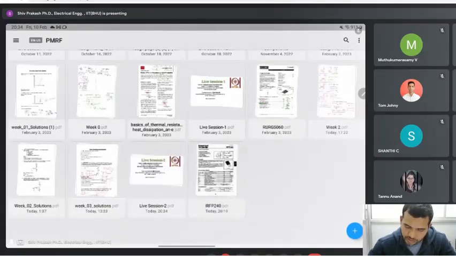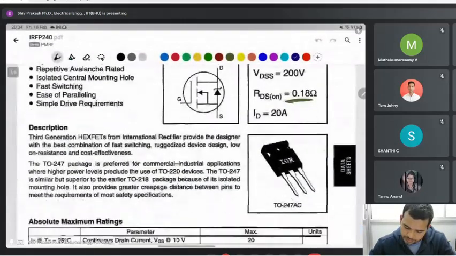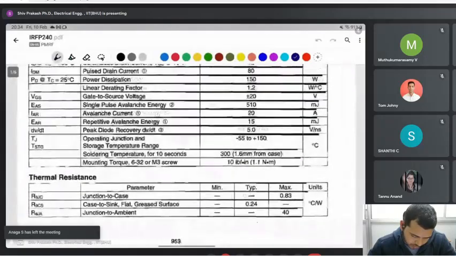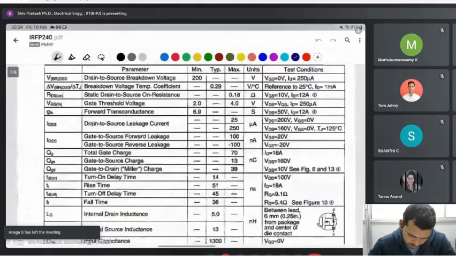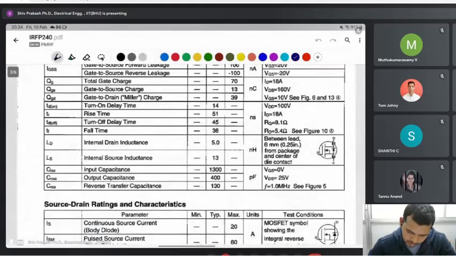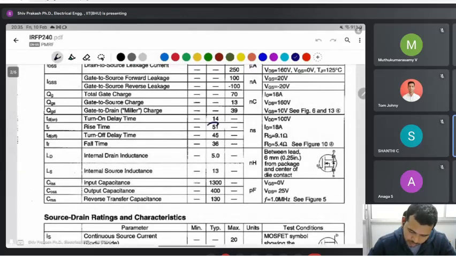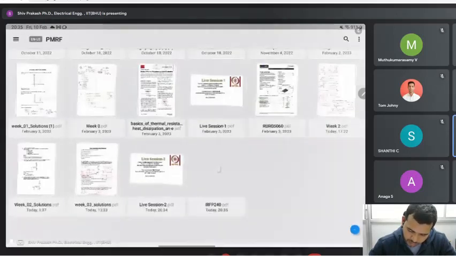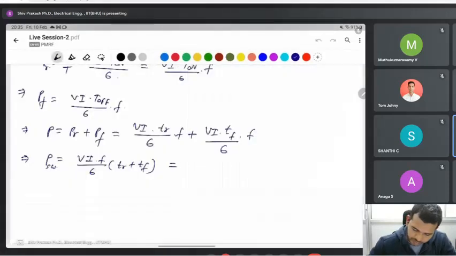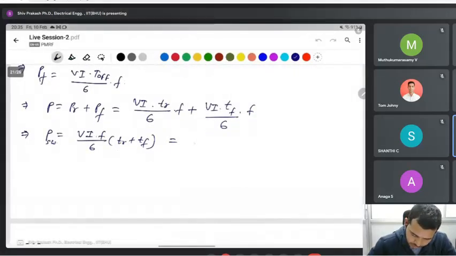See, 51 nanosecond and 36 nanosecond. Yeah, 51 nanosecond and 36 nanosecond.